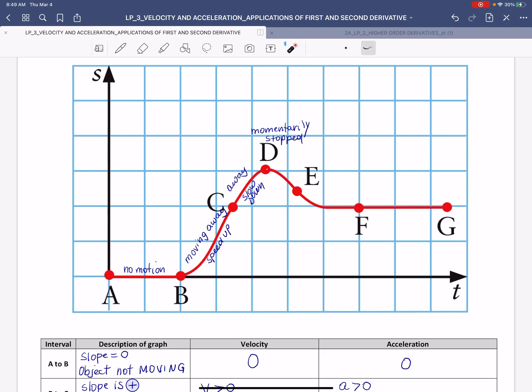From point D to point E, you can tell that the object is getting closer to the starting point because the position is decreasing, right? So the position is still measured with a positive number here, right? Because we are on the positive values of S. But the velocity is negative, all right? Because the slope of the tangent is negative.